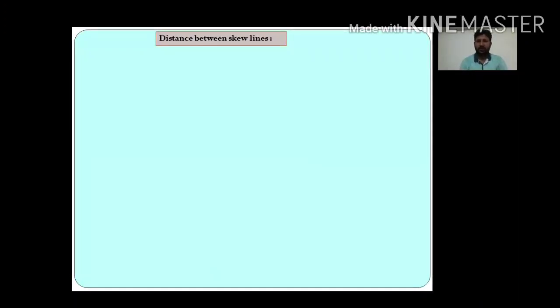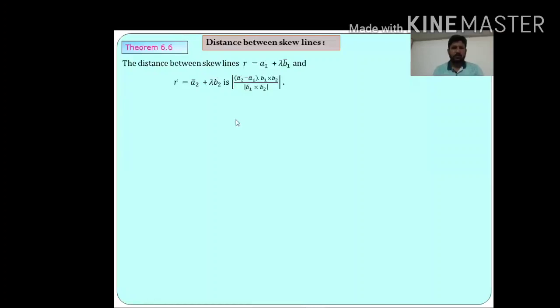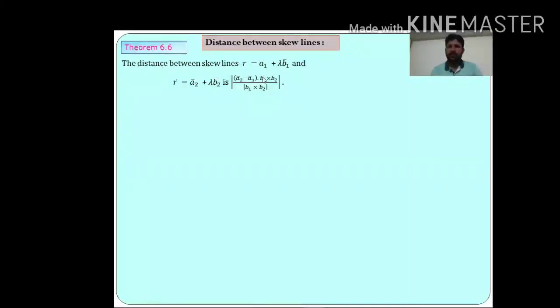Statement of the theorem here. The distance between skew lines r bar equals A1 bar plus lambda times B1 bar, and r bar equals A2 bar plus lambda times B2 bar, is the magnitude of (A2 bar minus A1 bar) dot product with (B1 bar cross B2 bar), divided by the magnitude of B1 bar cross B2 bar.